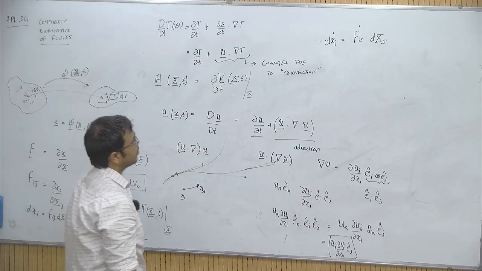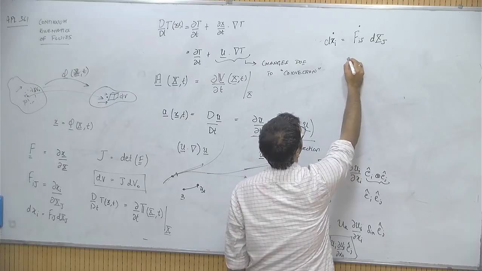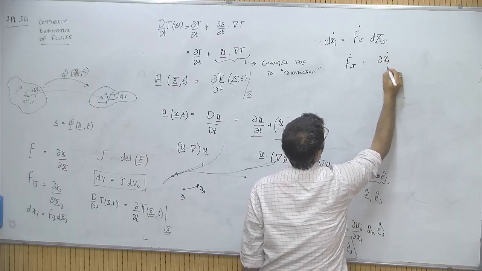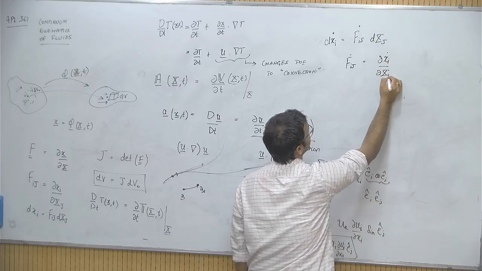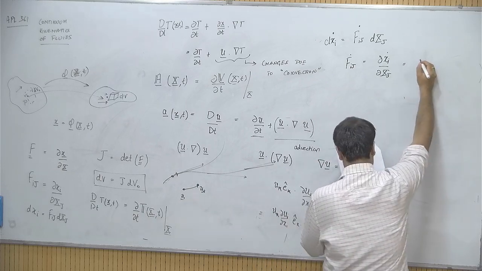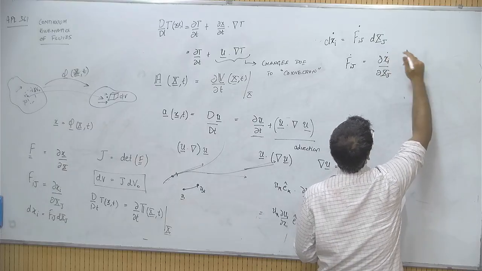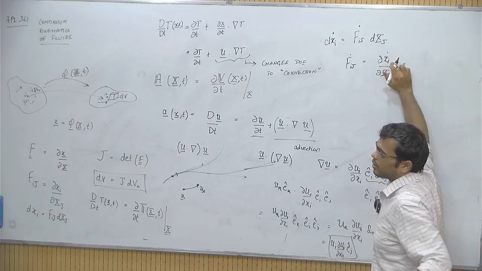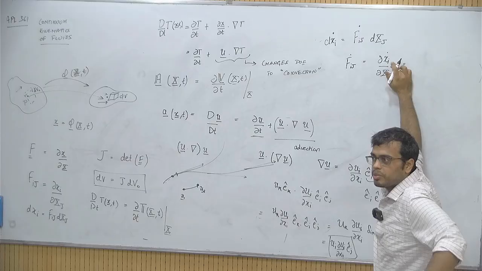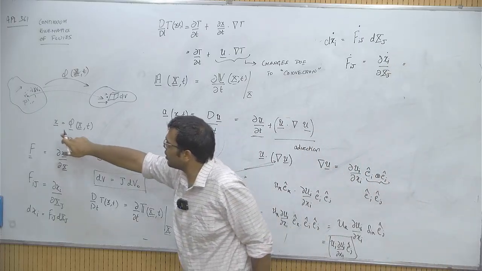Okay. And from here you can write that your Fij dot is going to be del xi dot over del capital Xj, and that becomes... so del xi dot is the time derivative of a spatial coordinate.